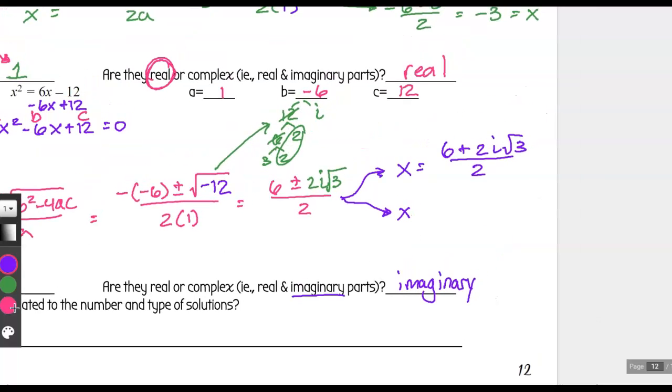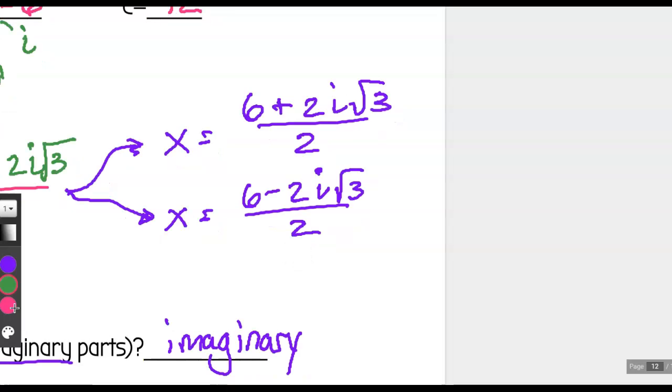Now, if all of your whole numbers, the numbers outside of the square root, are divisible by something, for example, we have 6, 2, and 2, if they're all divisible by something, you need to divide. 6 divided by 2 is how much?